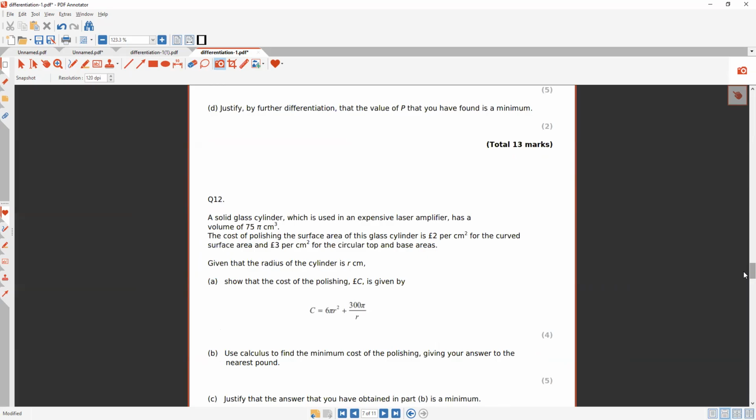Next week there is a test as well. Guys, understood? Everyone heard, right? 12, 13, 14, 15, 16 from differentiation 1. And next week there is going to be an exam on the differentiation chapter.